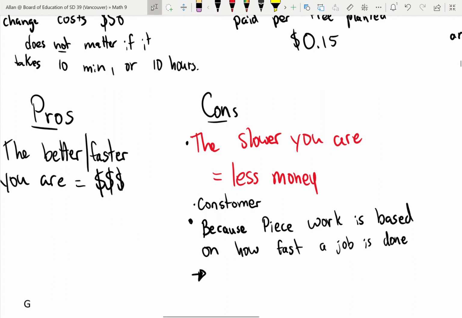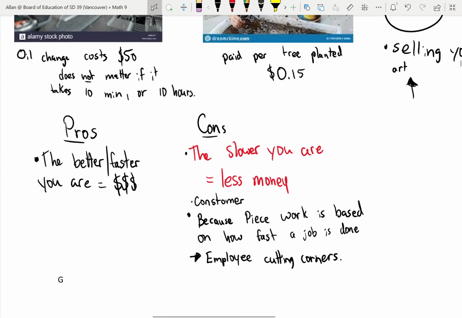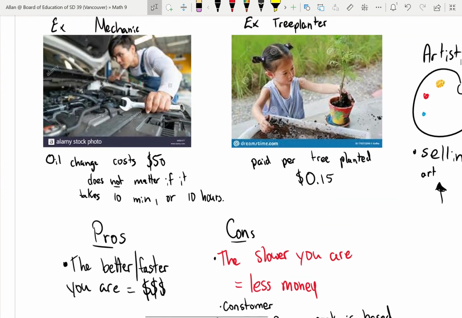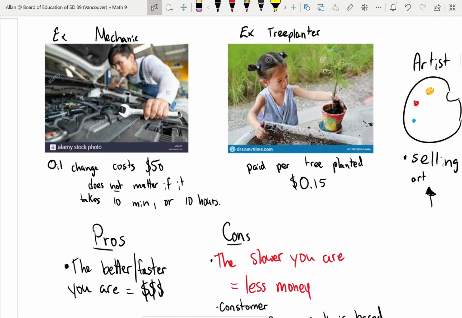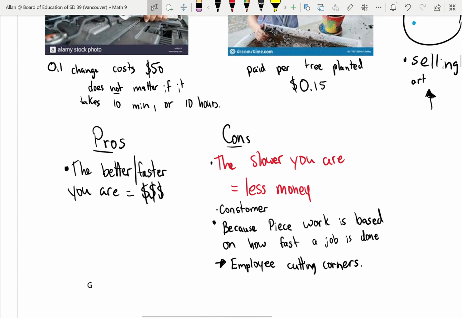This can sometimes lead to the employee cutting corners, which means that that mechanic might be taking advantage of you in some way or shape or form. Maybe they're kind of fixing your car, but they're not doing a really good job. That tree planter, maybe they were planting trees, but they were going by really fast and the trees weren't properly planted, so they don't actually survive. So this kind of job can sometimes lead to this taking advantage of a customer.